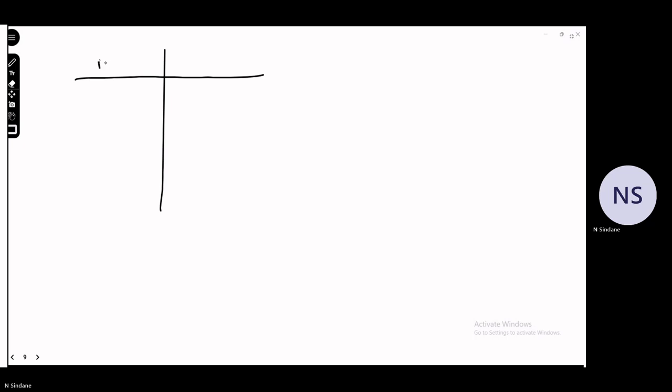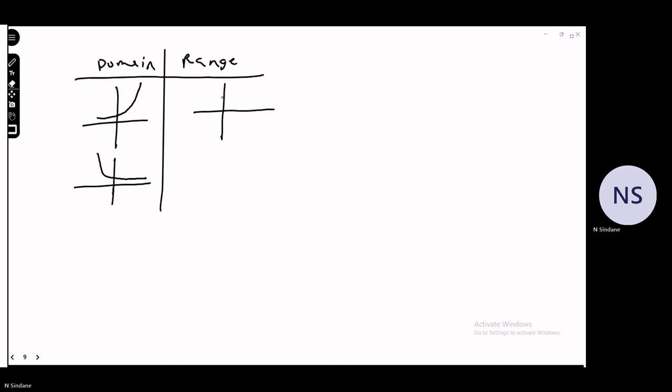Domain and range. I have a graph that looks like this, and I have a graph that looks like this. Both of these graphs are when the value of a is greater than 0. See?